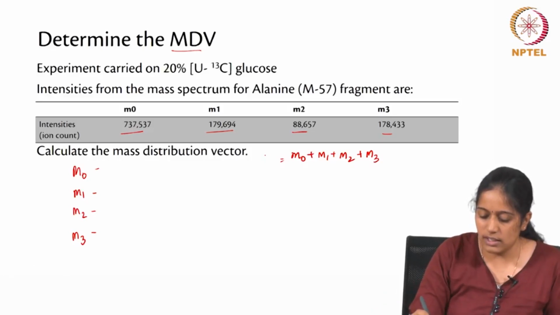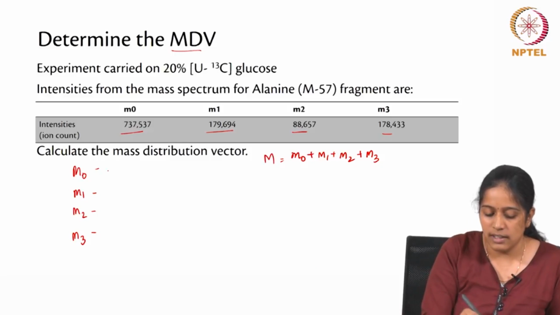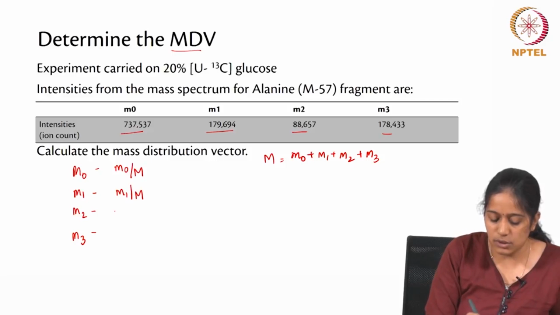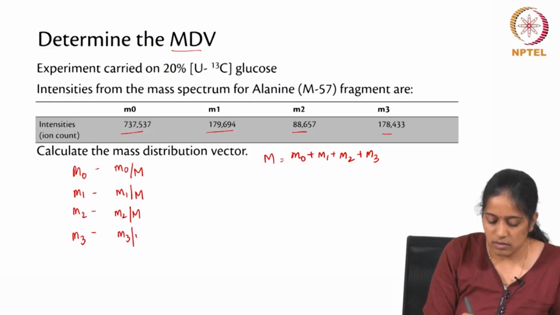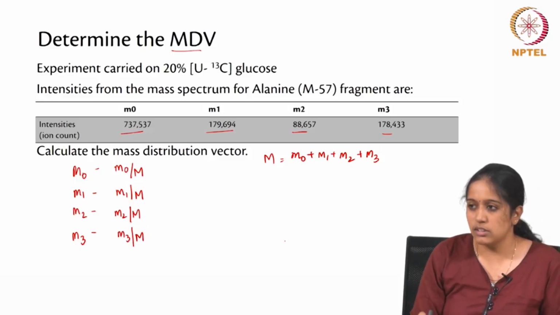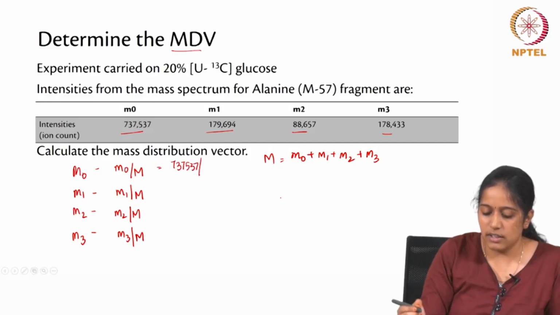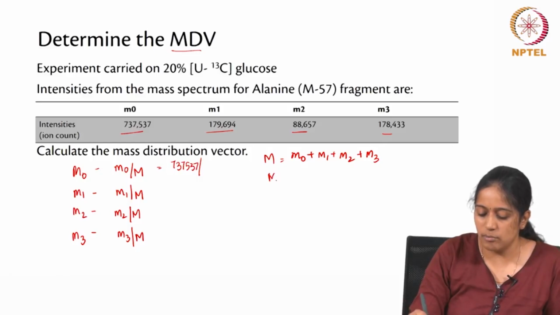So, this I call capital M, and for finding this out I just do a normalization. This is how a simple mass distribution vector looks like. When you calculate for this, this would just mean 737,537 divided by whatever this M was.